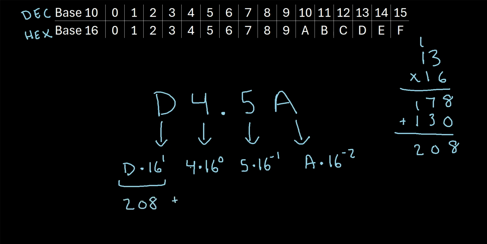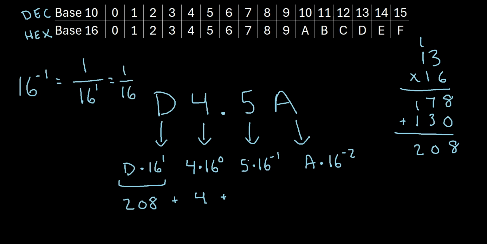We'll add that to 4 times 16 to the 0 power. So that's 4 times 1, which is just 4. And then we'll add that to, here we get 5 times 16 to the -1st. So if you'll recall our rule for exponents, when we have something like 16 to the -1st, that's really the same as 1 over 16 to the 1st, or just 1 over 16.